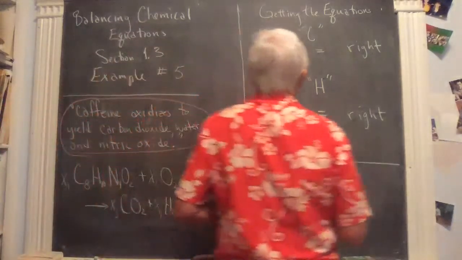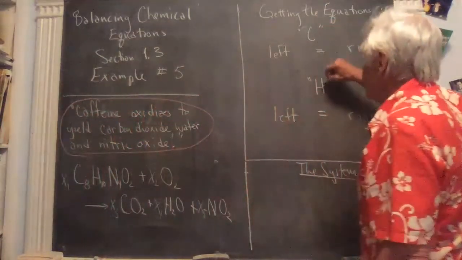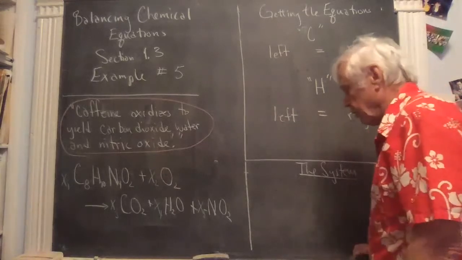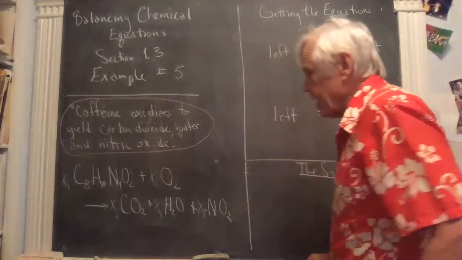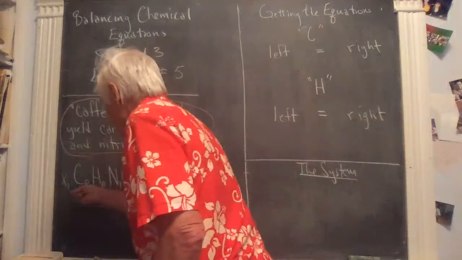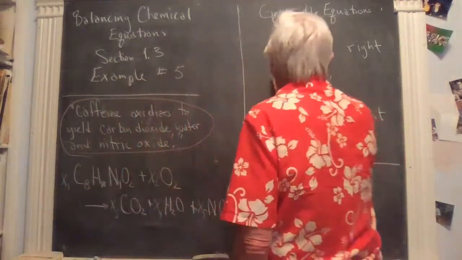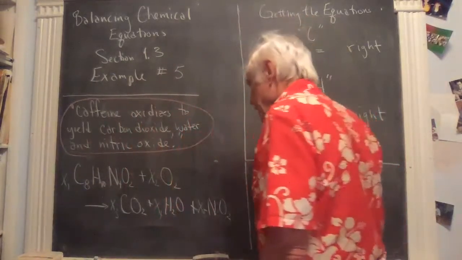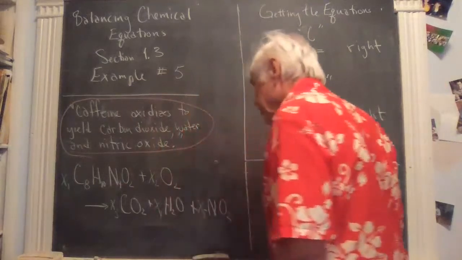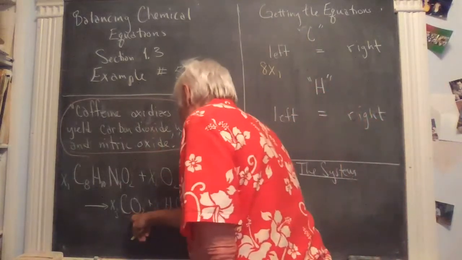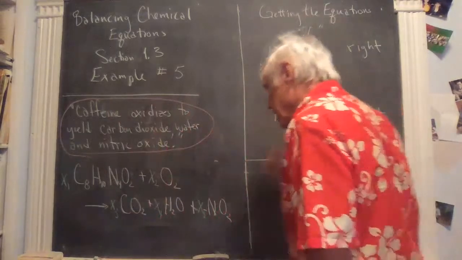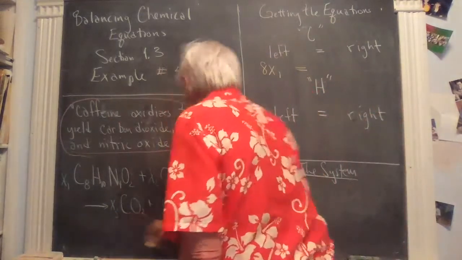On the left-hand side, you analyze this one atom at a time. So we'll look at the carbon first of all. On the left-hand side, we've got 8 x1 carbons. On the right-hand side, we've got x3 carbons.